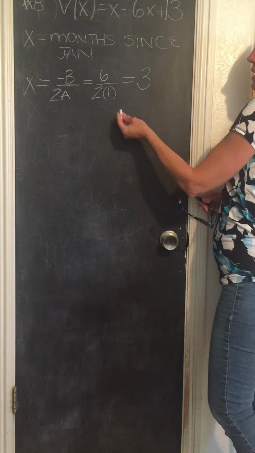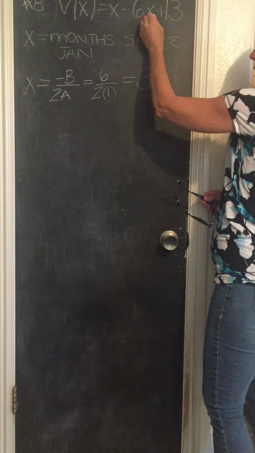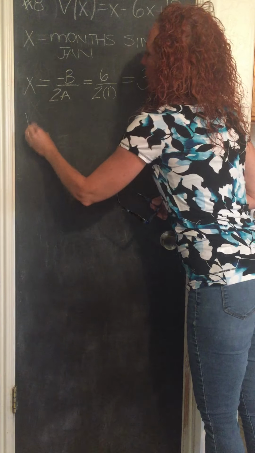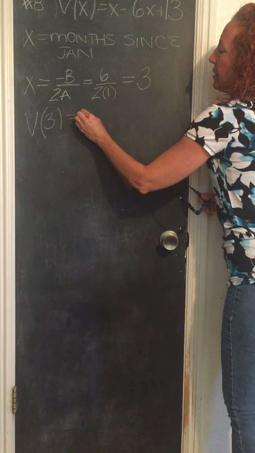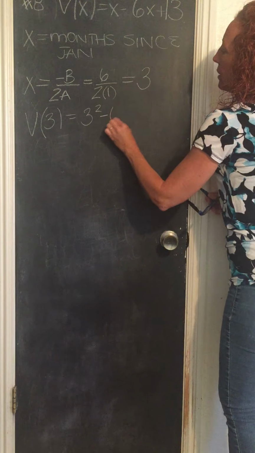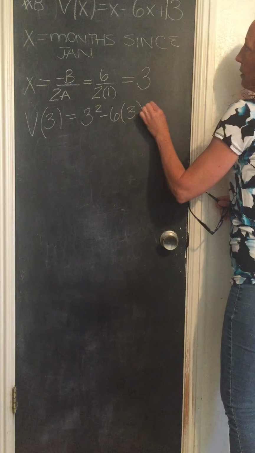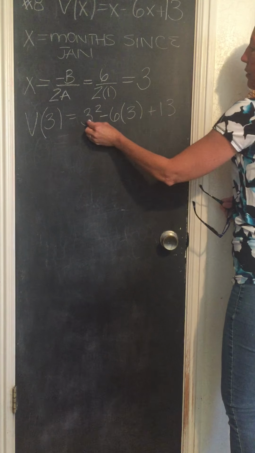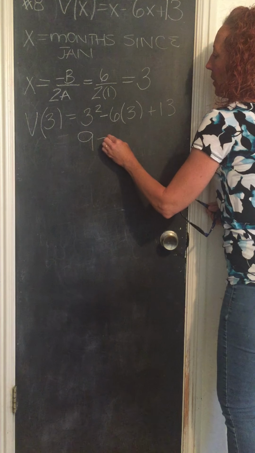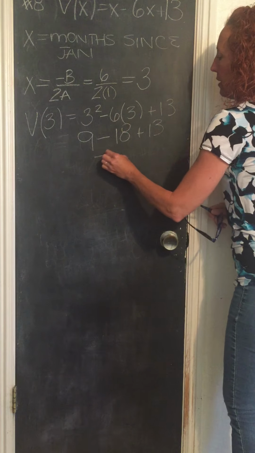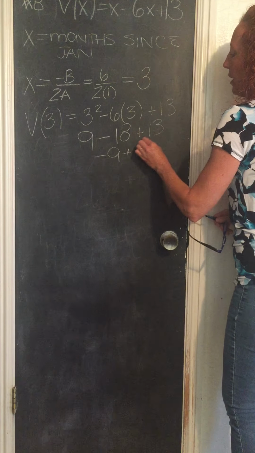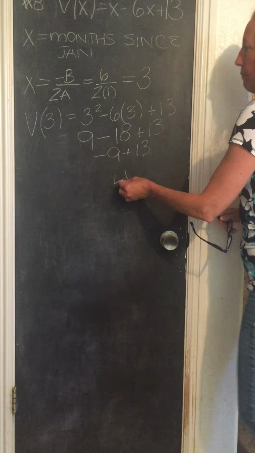So my first answer is going to be 3, so now I'm going to plug that in. So V of 3, it's bugging me that I didn't write down what that was. So 3 times 3 is 9, minus 18 plus 13 is negative 9 plus 13, which is 4.